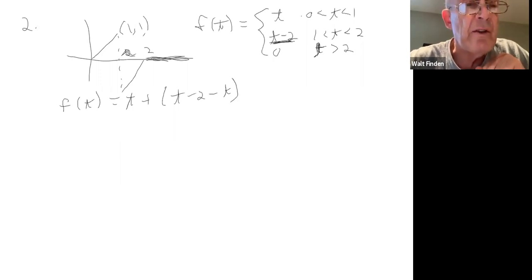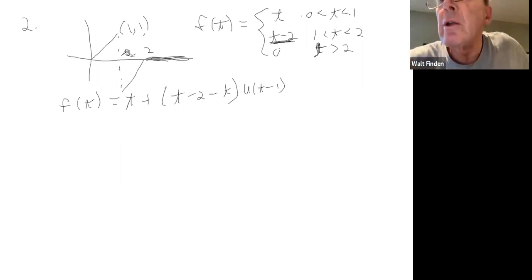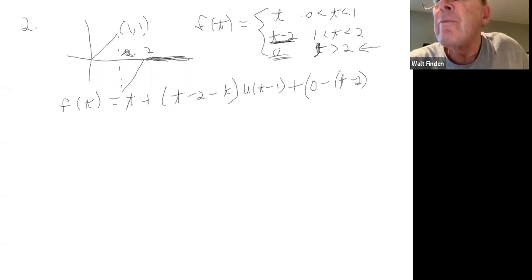And so this gives me u of t minus 1. And then I need to turn on the last part, which I'm underlining. Turn that on, I'll put it in, it says 0, and then minus t minus 2, and here we have u of t minus 2.